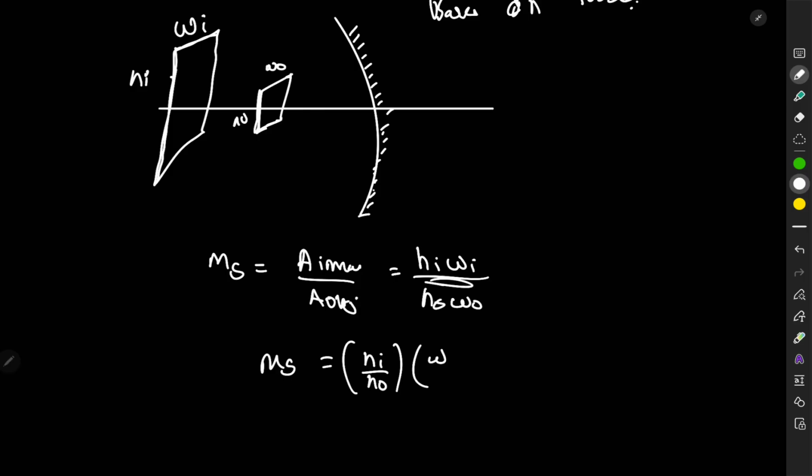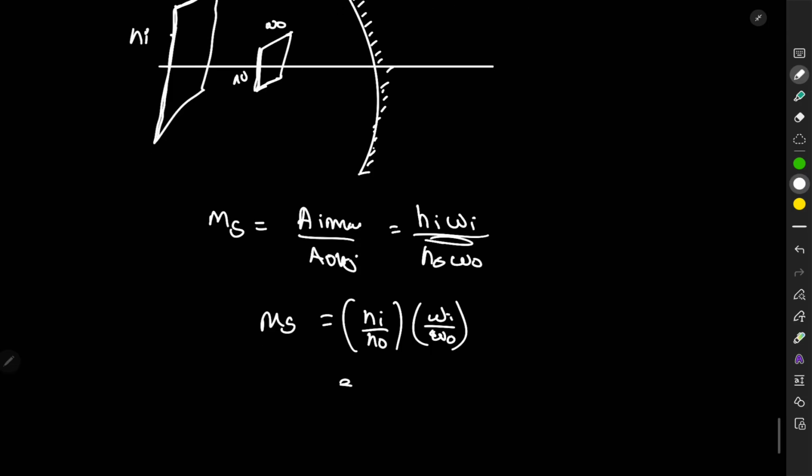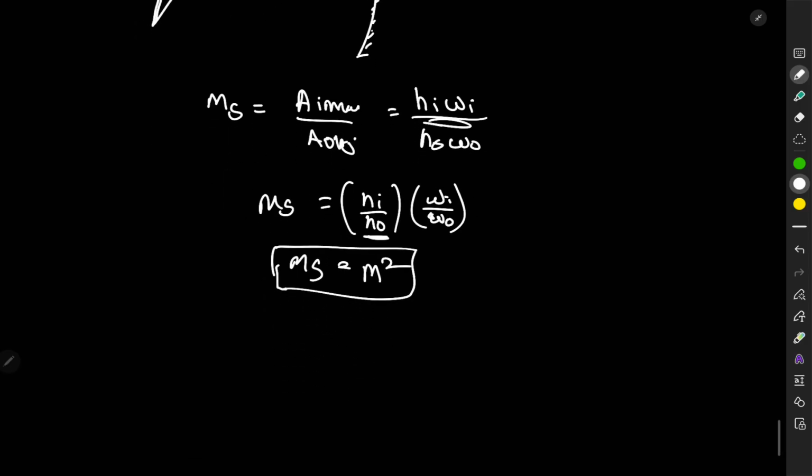When we separate this, it will come as hi by h naught times wi by w naught, which equals m times wi by w naught. What is wi by w naught? It is also considered as magnification, since it's also a length. So I can take it as m square. So superficial magnification is equal to m square.